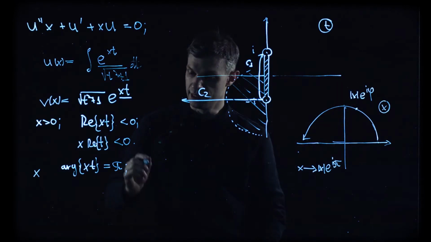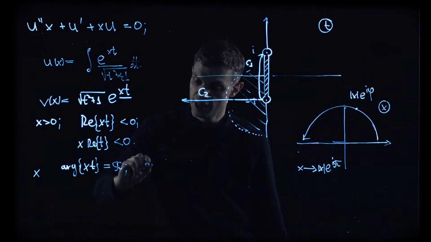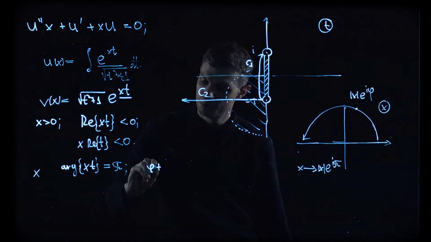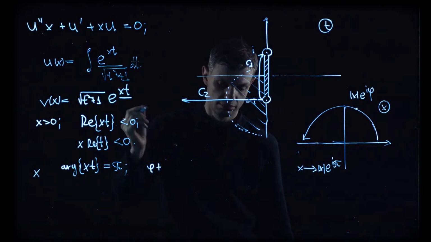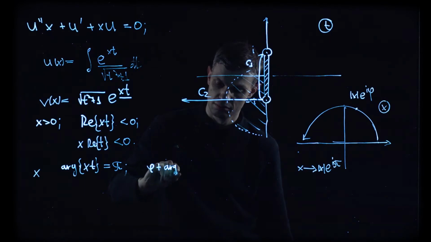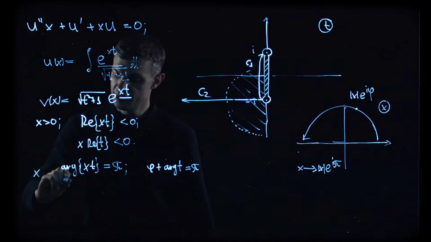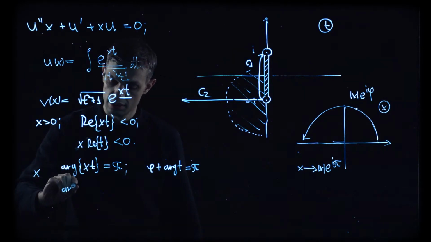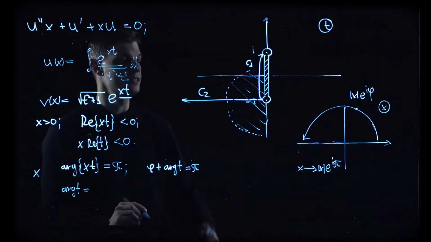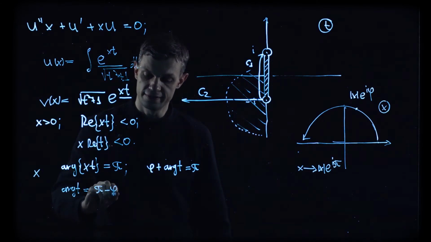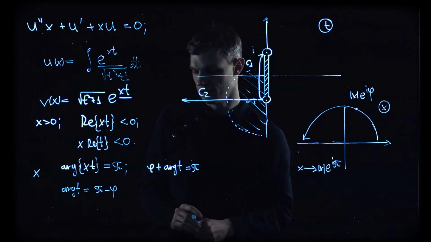Now the argument of x starts changing. So now it's phi, and the condition is changed. The argument of x is phi, plus the argument of t should be equal to pi. So the argument of t, if we are interested in the steepest descent direction, should be pi minus phi, where phi is the argument of the x variable.